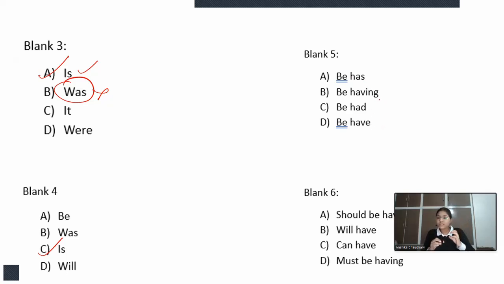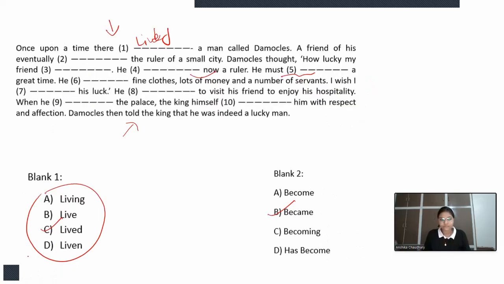This is something that is happening right now, in the present. For something that is happening right now, we will be using the ing form. So we will be using he must be having great time.